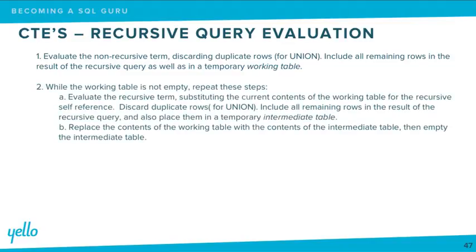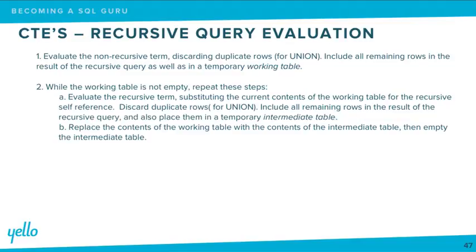Then, for as long as our working table has some data in it, we continue to loop through these next 2 steps. We start out by evaluating our recursive term, where we're taking the data that's in our temporary working table, and we're substituting it for the CTE in the self-reference. We're then performing the actual action, discarding duplicates again, assuming we have a UNION.